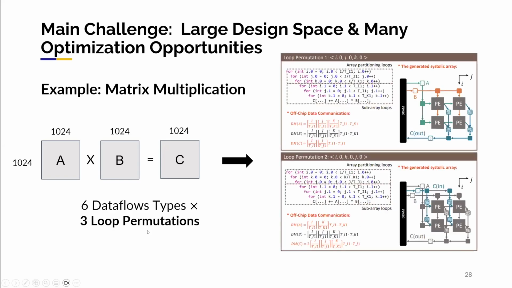So this is the first target. The second one is the number of loop permutations. For a given data flow, we can have different loop permutations which can affect the off-chip data communication. These have the same space-time mapping, but different loop permutations, and we can have different off-chip communication. And here we have 3 loop permutations.